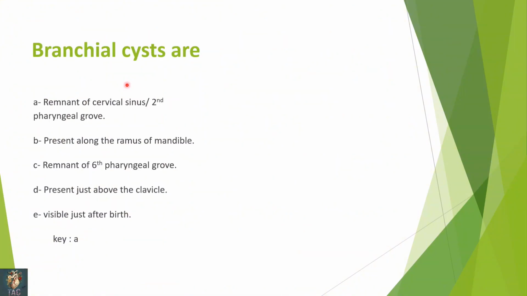Next is branchial cysts are the remnant of the cervical sinus and second pharyngeal groove present along the ramus of the mandible. So please remember, branchial cysts are remnants of the cervical sinus and second pharyngeal groove. They are not present at the ramus but just anterior to sternocleidomastoid.